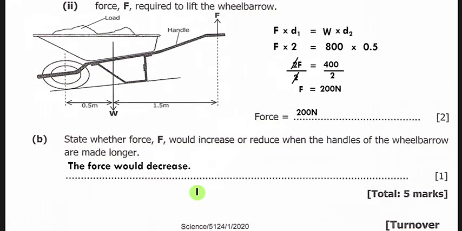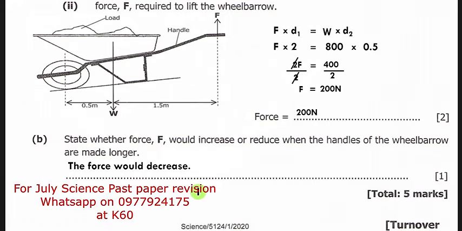When you increase the distance, the force that you are going to apply will be small. That's why long spanners can open a very hard thing, because when a long handle is used, it multiplies the force being applied more than when you are using a short handle.